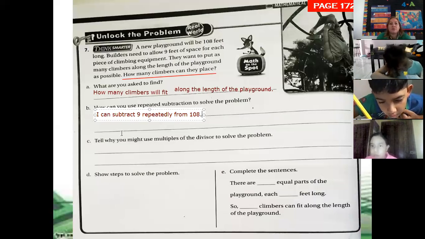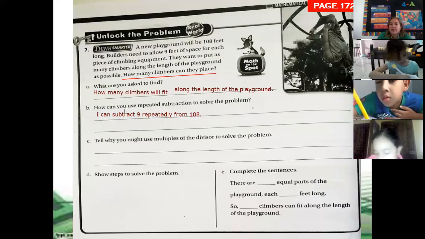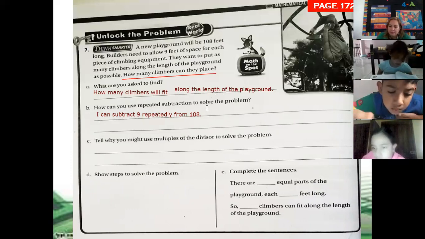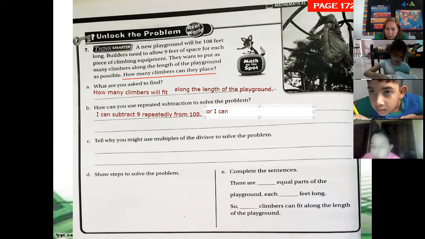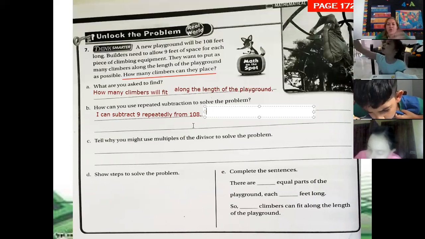That's what I'm gonna do. How can you use repeated subtraction to solve the problem? I can subtract 9 repeatedly from 108. Just that, because this is the only way we did it.